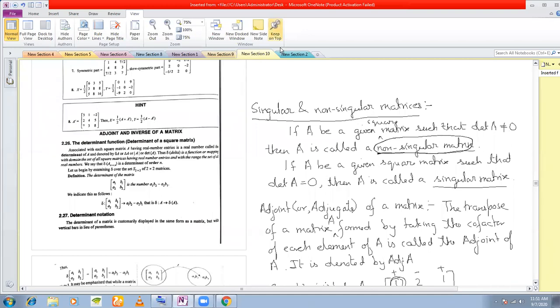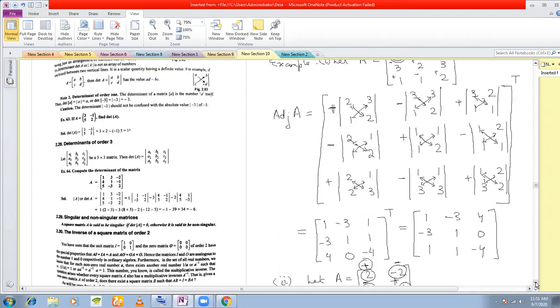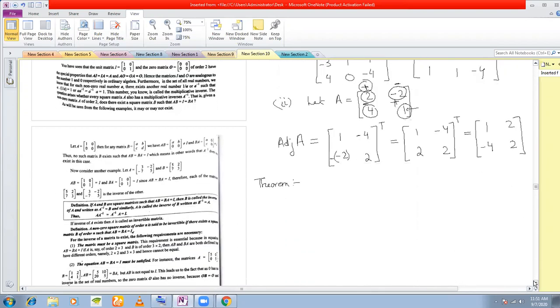And any matrix A for which the corresponding determinant is 0 is called a singular matrix. This theorem is actually a relation between a non-singular matrix and the adjoint of a matrix. Very, very important, because this will give us the basis for finding the inverse of a matrix.